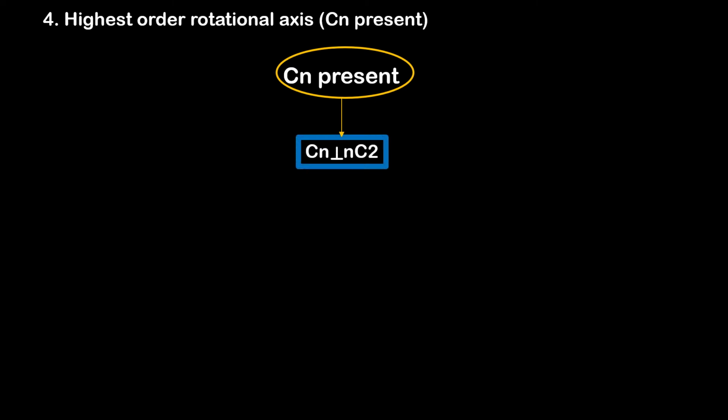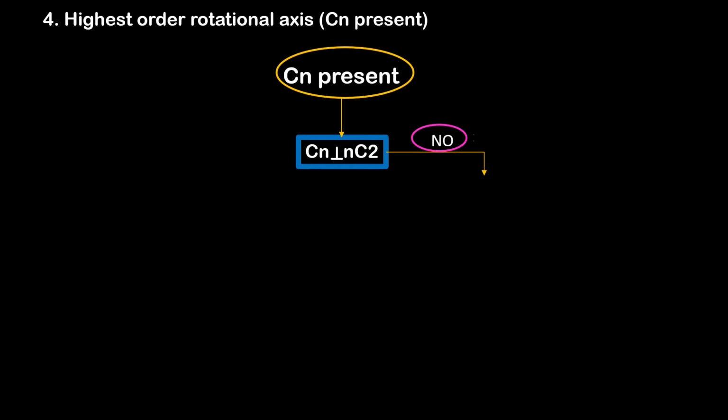Next classification is based on the highest order rotational axis present in the molecule. Cn present. Then next, is there any Cn perpendicular and C2 symmetry element present in the molecule or not?